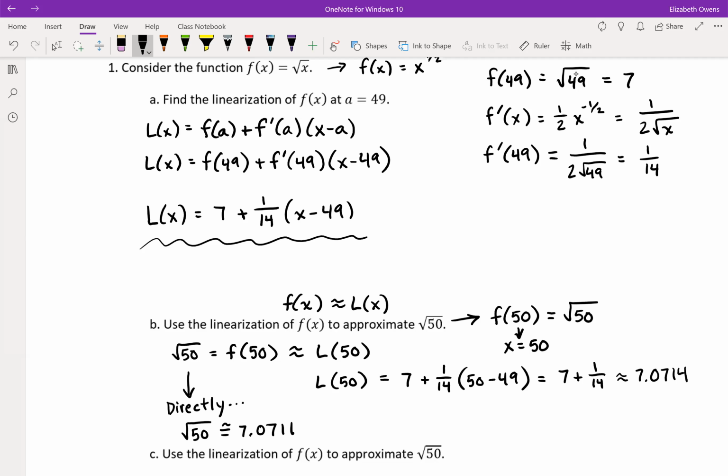And so we can see that the direct square root of 50 value and the approximation that we got through our linearization are actually pretty close to each other.